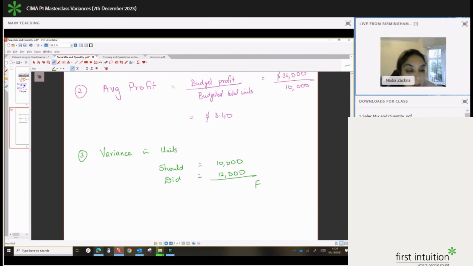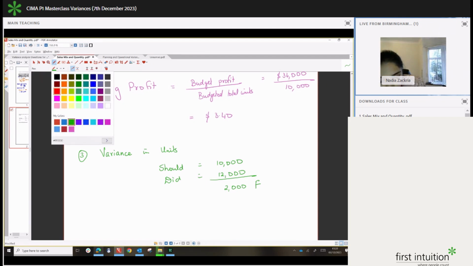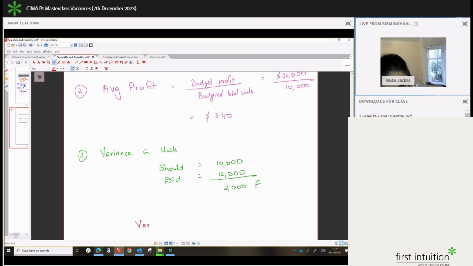Therefore, it's a favorable variance. How much by? By 2,000. Now, to convert this into a variance in dollars, we're going to multiply it by the average profit.